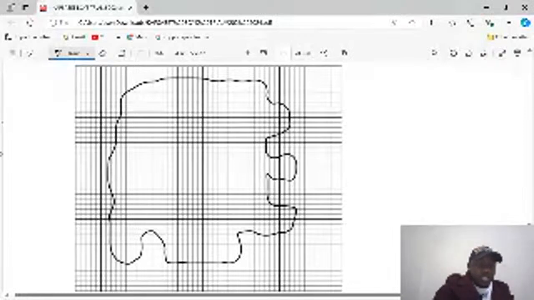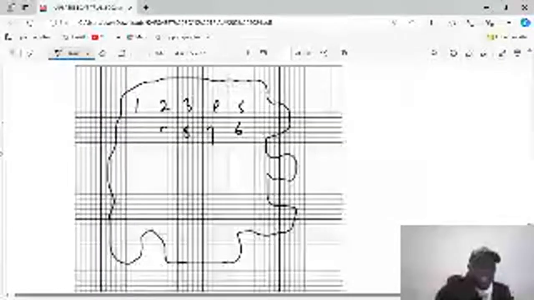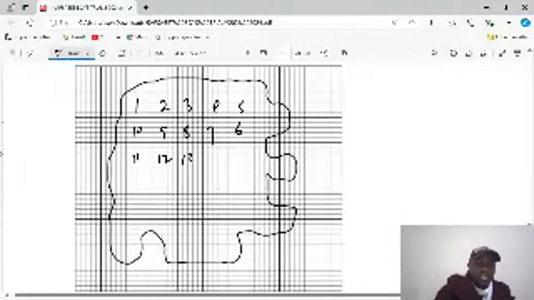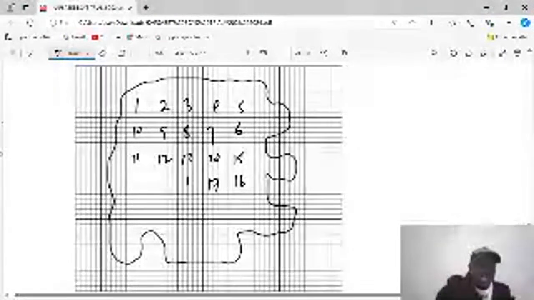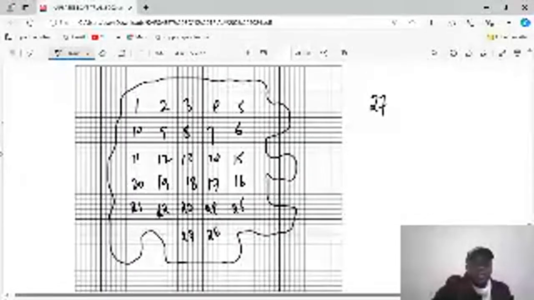So the complete squares, we're going to have 1, 2, 3, up to 27. Therefore, I'm having 27 complete squares.